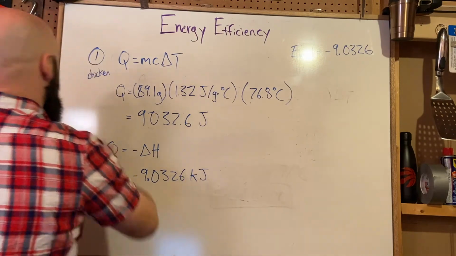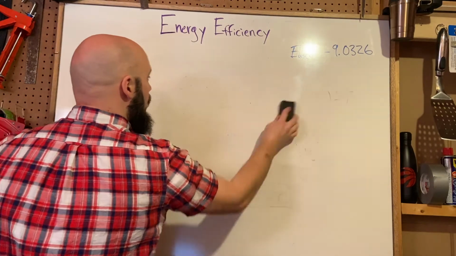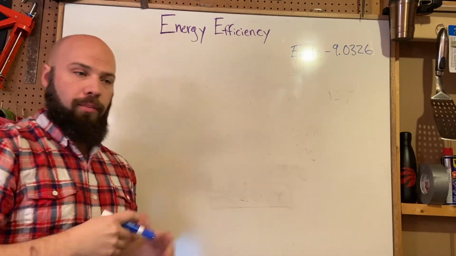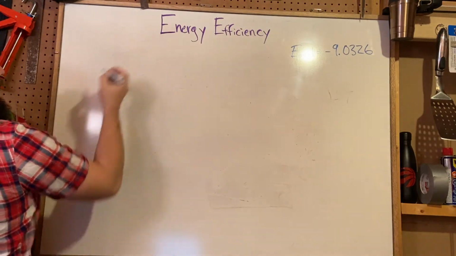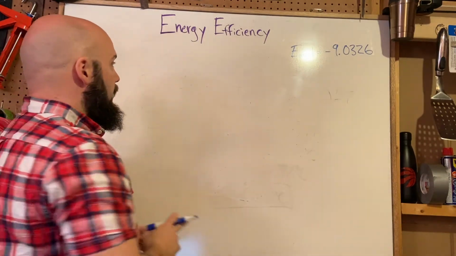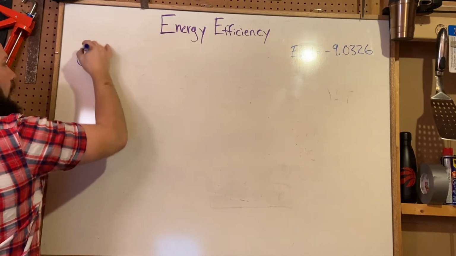We're now going to look at the propane barbecue, and this is essentially our source. This is what is producing the energy, and the barbecue is going to be the surroundings around the chicken. So we're going to assume complete combustion, which is an assumption you can make for all of these energy efficiency questions, and write out the combustion of propane.